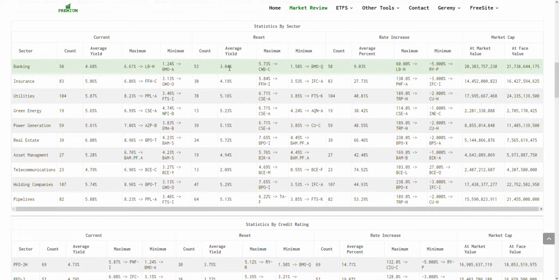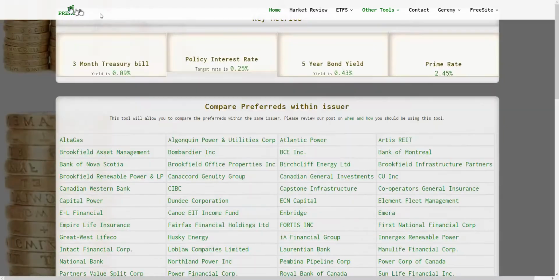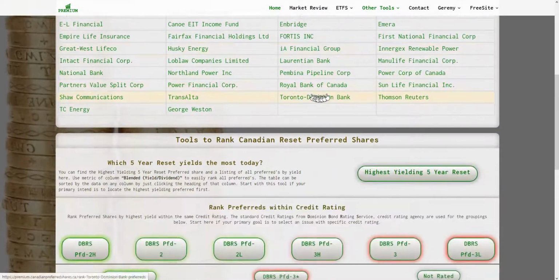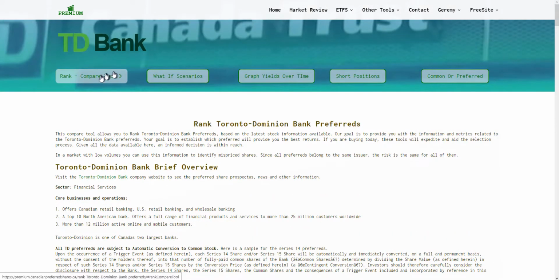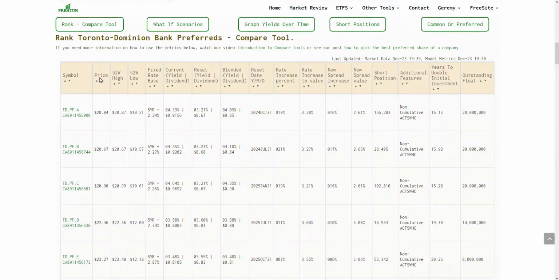Let's go back to the Rank TD Preferreds page and the Rank Compare tool. In the section Rank TD Preferreds Compare tool, you can see that we have a lot of metrics, but for this decision, we choose to use the blended yield only.